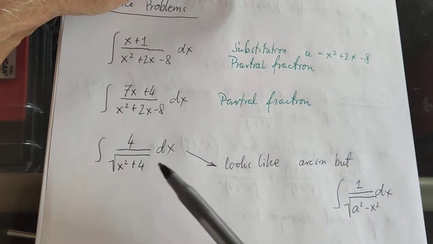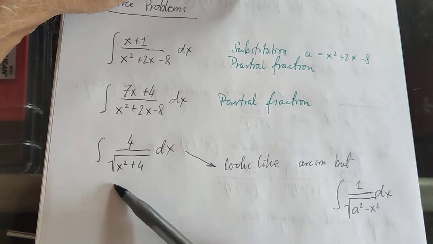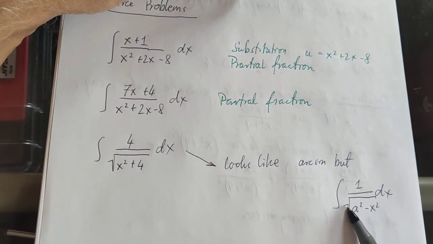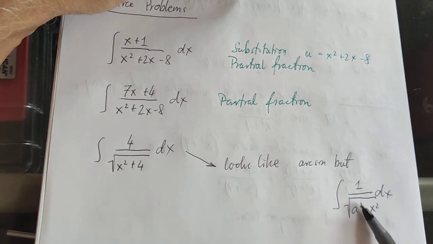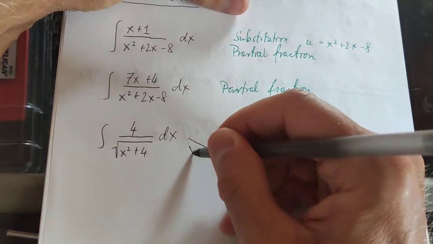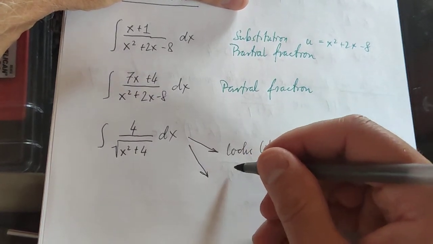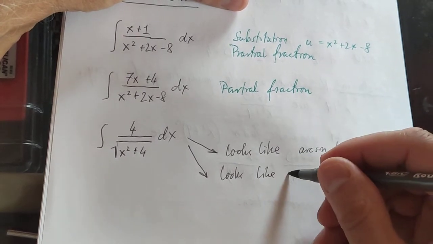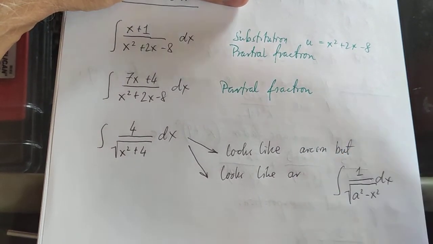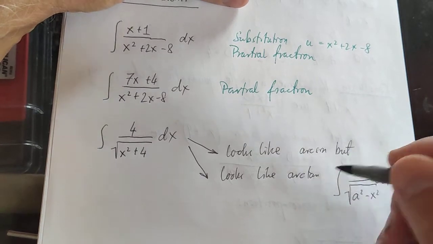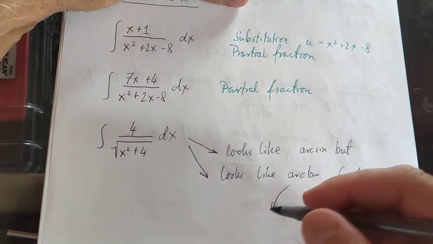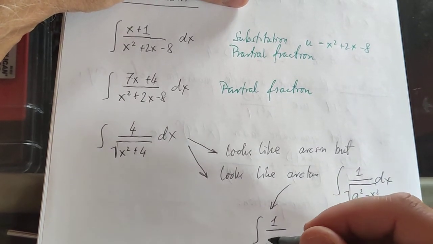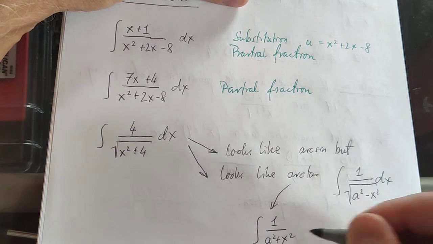Don't assume that this is an arcsine, that you can take an integral like you would with this. It also looks a little bit like arctangent, the inverse of tangent, but that arctangent doesn't have that square root. So keep that in mind: 1 over a squared plus x squared.